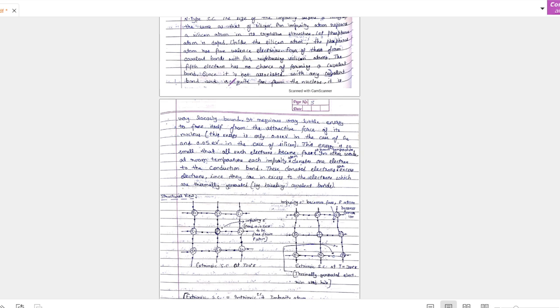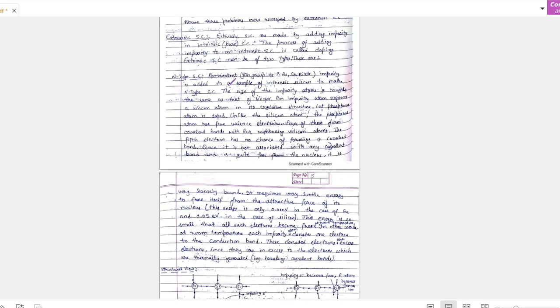These are the impurities added to the sample. As I already told you, we add group 3 or group 5 elements.